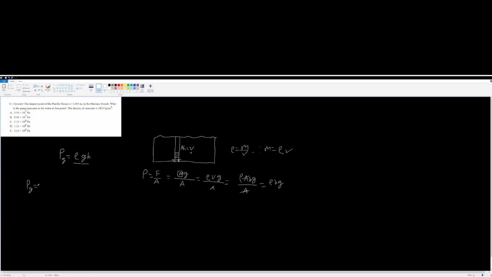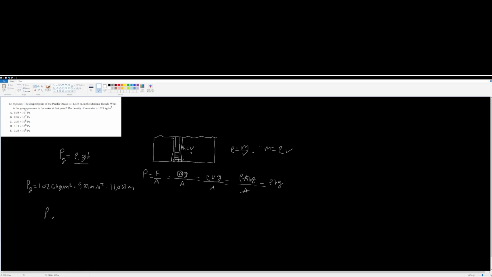So the density of seawater is 1025 kilograms per meter cubed times gravity, which is 9.81 meters per second squared, times the height, which is the depth in this case. The height here, as I count up this column, it doesn't matter what direction you're going in. The depth is going down, the height is going up, but either way it's going to be 11,033 meters. So, yeah.